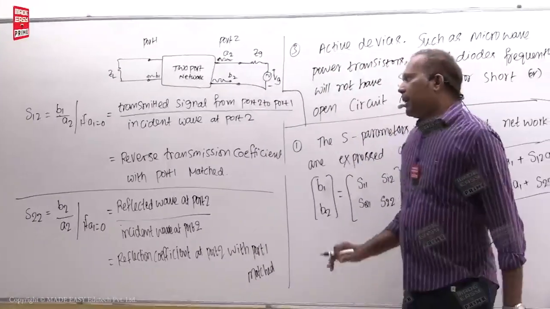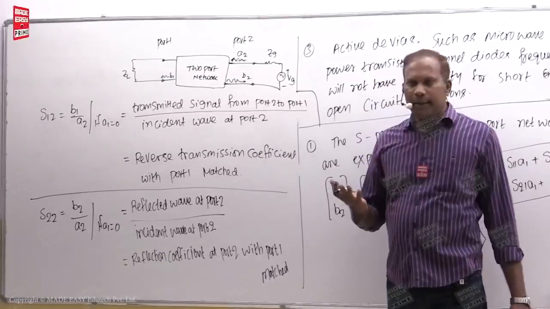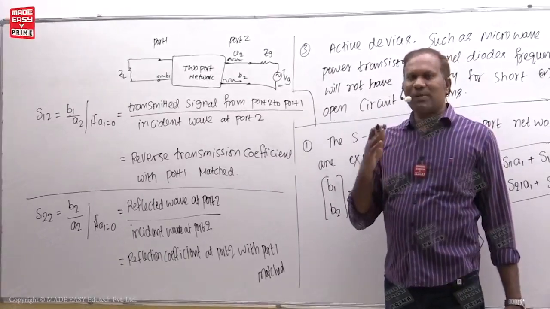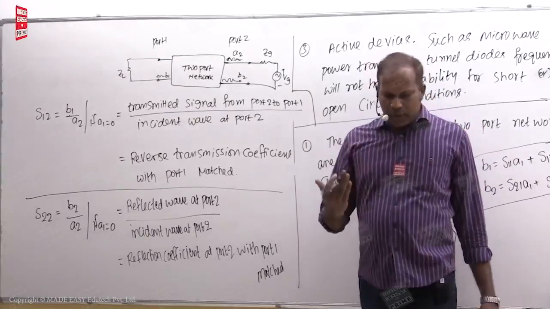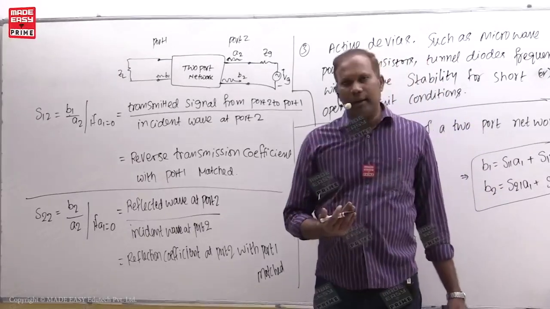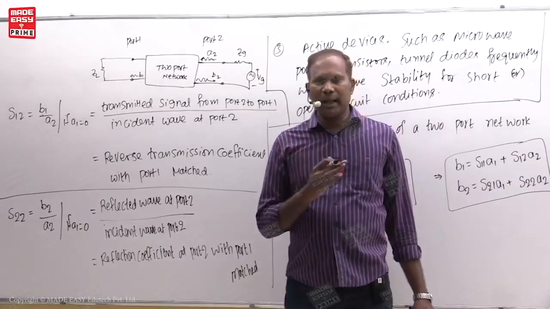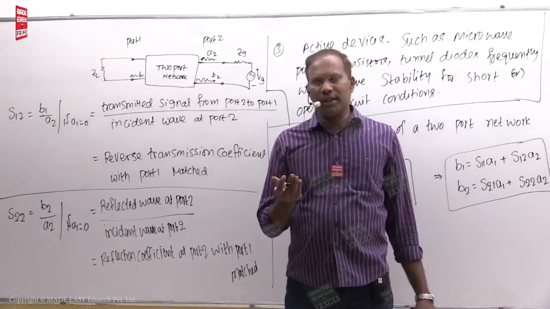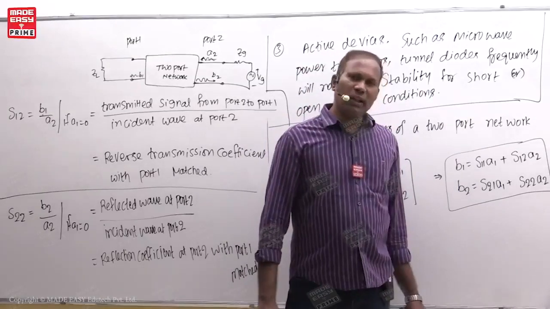Now, if anybody asks you what are the S parameters? Answer: they are reflection and transmission coefficients. It is that simple. If you want to write the decibels, then you have to take 20 log, not 10 log, 20 log, because I am saying reflection and transmission coefficients. They are simply ratios of voltages and currents.